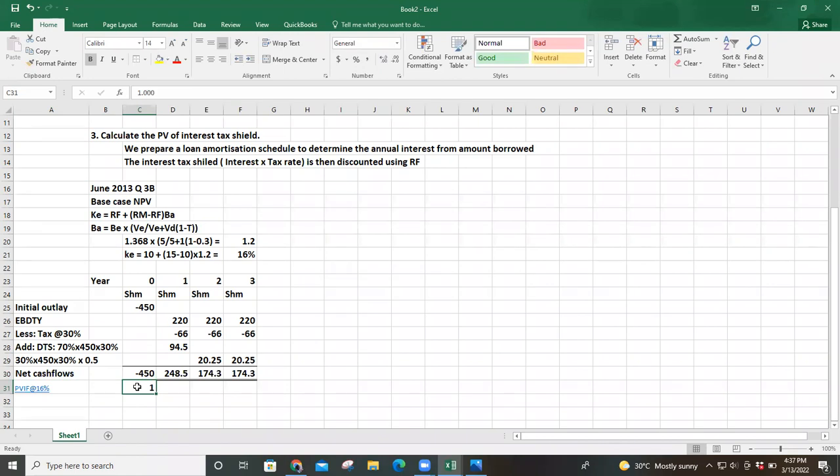Year 1 is 1 divided by 1.16, that is 0.8621.